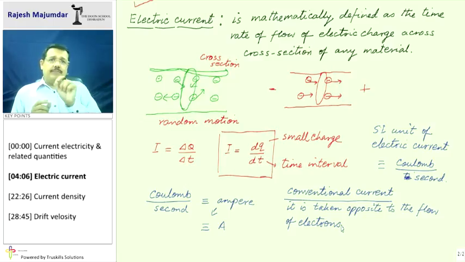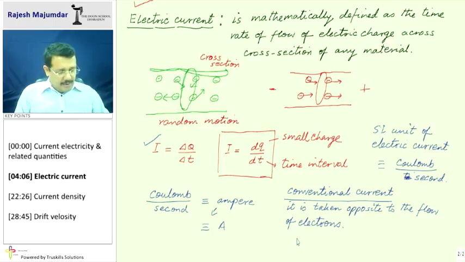Similarly, the direction of positive charge flow is called the conventional current. But since here electrons are flowing, if electrons are flowing from left to right, we can assume that positive charge is flowing from right to left, and therefore conventional current is always taken opposite to the flow of electron. When we talk about electric current, we usually take it to be conventional current and not electron flow.